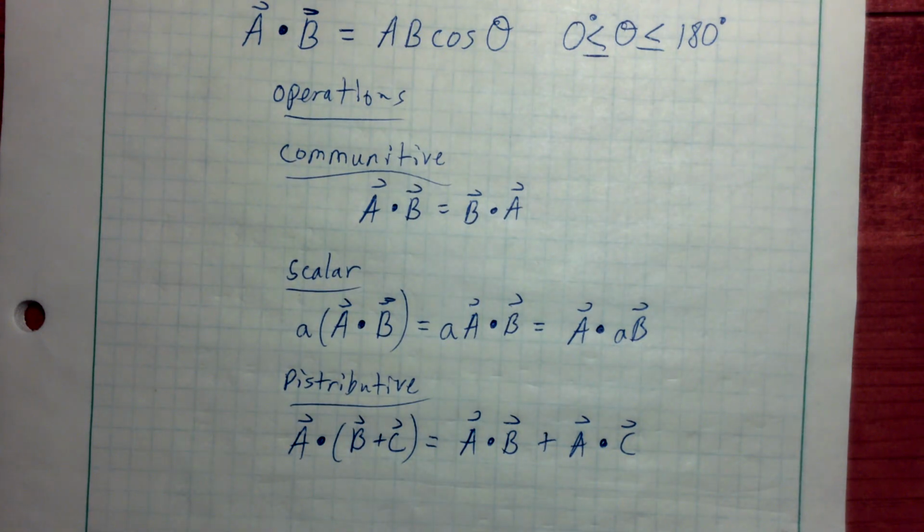Okay, so those are the rules so far. Again, A dot B gives us a scalar quantity.